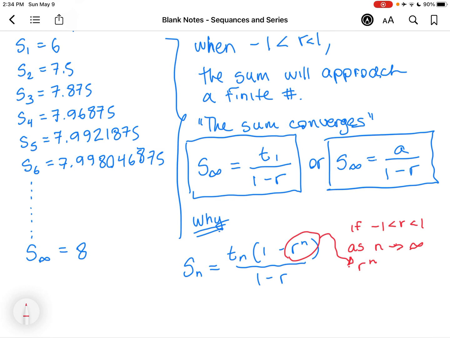And so the sum is going to be Tn times 1 minus 0, which just becomes that.